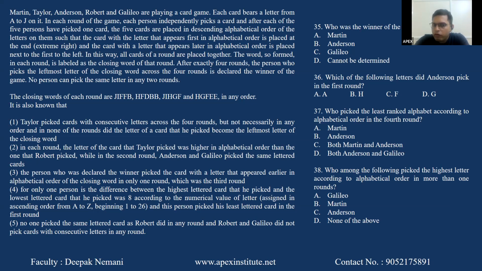My understanding of this statement is the winner has picked the leftmost card, or the card with the highest alphabet on it, in 3 rounds: the first, second, and fourth. But in the third round, he has picked a card with an alphabet which appeared earlier, which is not the alphabet having the highest numeric value when arranged in the alphabetical order.